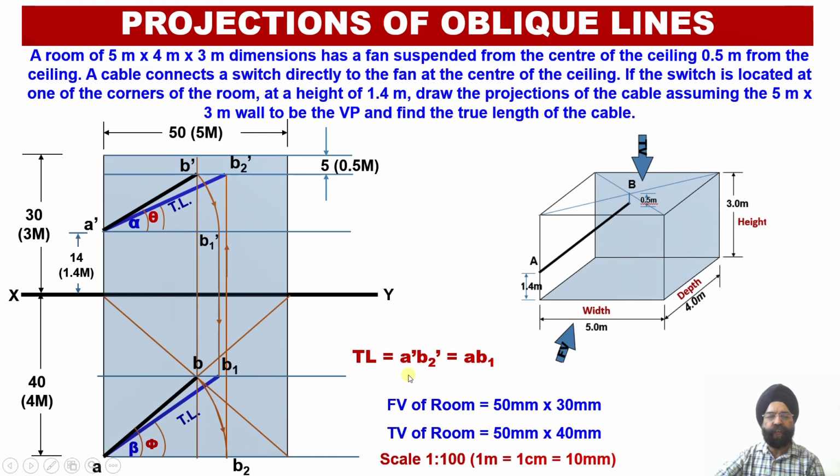And the final check towards correctness of the solution is that A dash B2 dash, the front view true length representation, should be equal to the top view true length representation. If both of these true lengths are equal, it means we have followed the principles of rotation of line in an appropriate manner, and the solution thus obtained is correct.